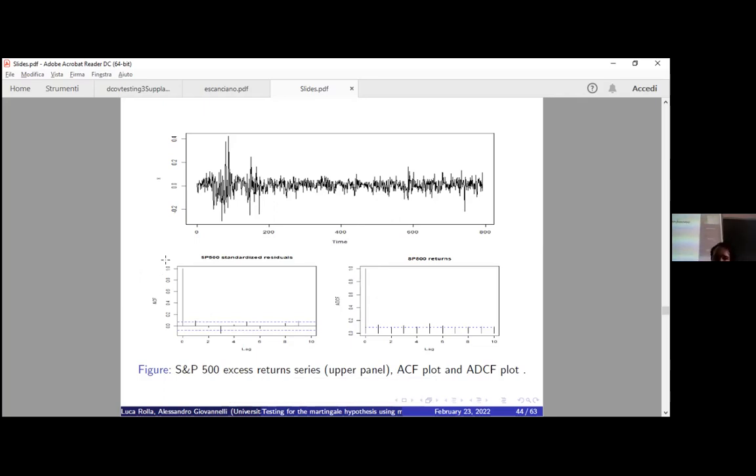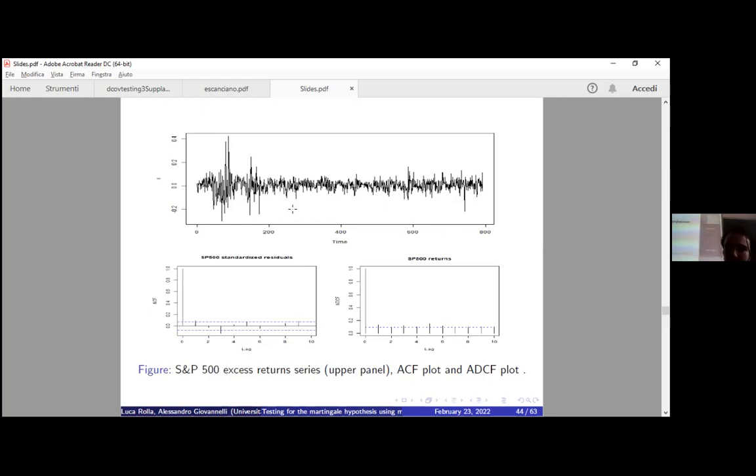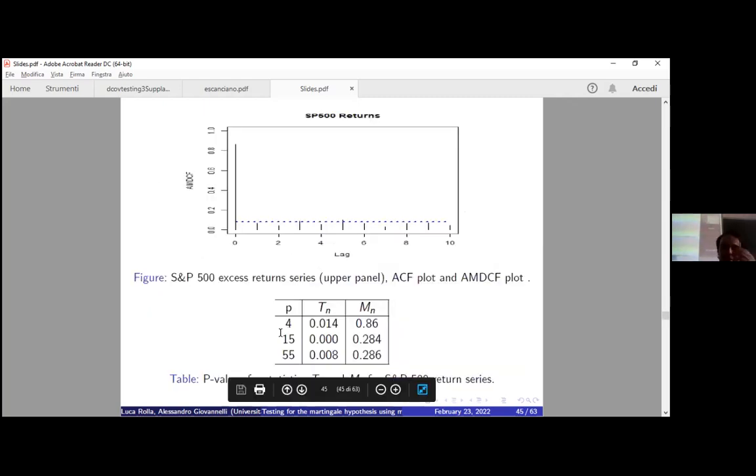The auto-distance covariance function can find some form of nonlinear dependence, as we can see. Still, the auto-martingale difference divergence function does not find dependence, and this makes us think that the series is a martingale difference sequence. This is also represented by the test. These are the p-values of the two tests, Fokianos's test and our test statistic.